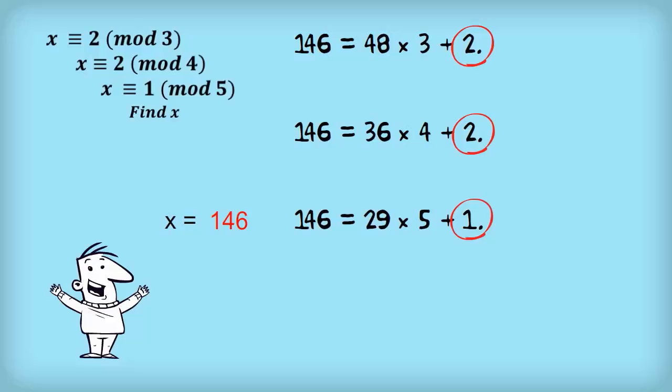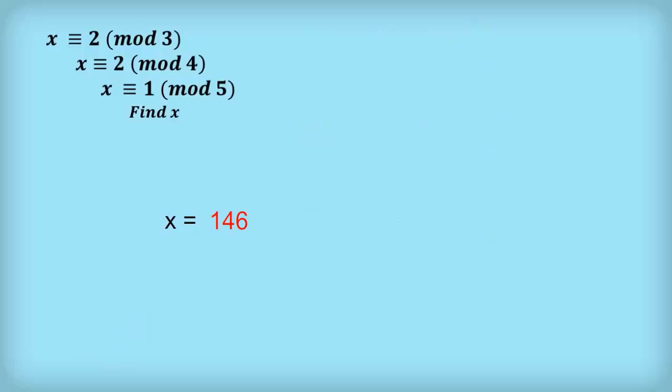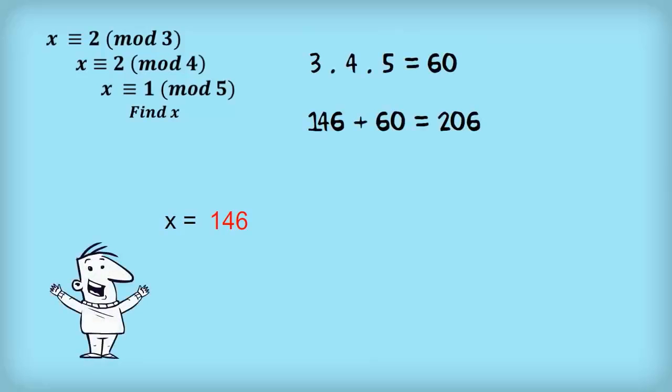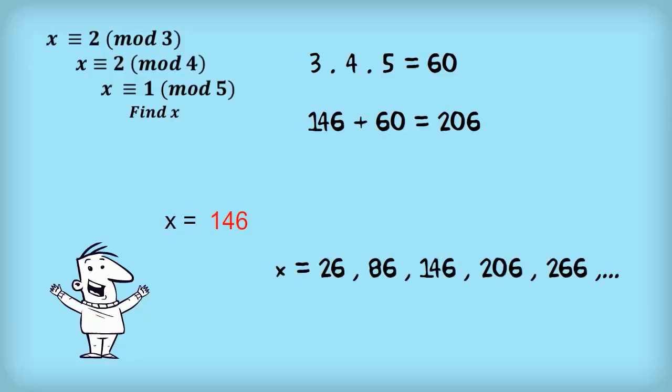You might ask, is 146 the only answer? Well, no. Since we are dealing with mod 3, 4, and 5, if we add 3 times 4 times 5, which is 60, to 146, we get 206, and that will also work. In fact, we can add any positive or negative multiple of 60 to 146, and it still works.